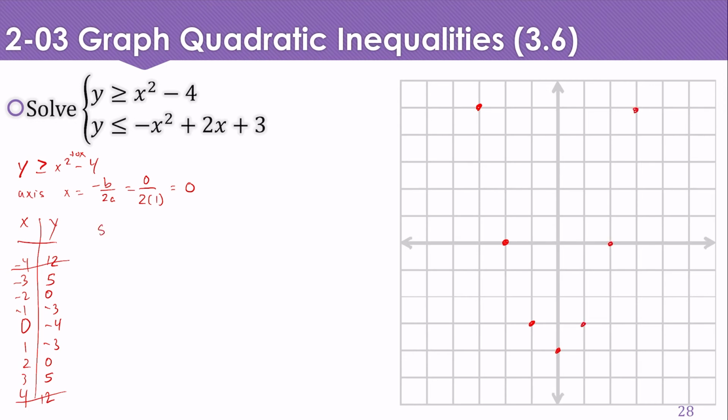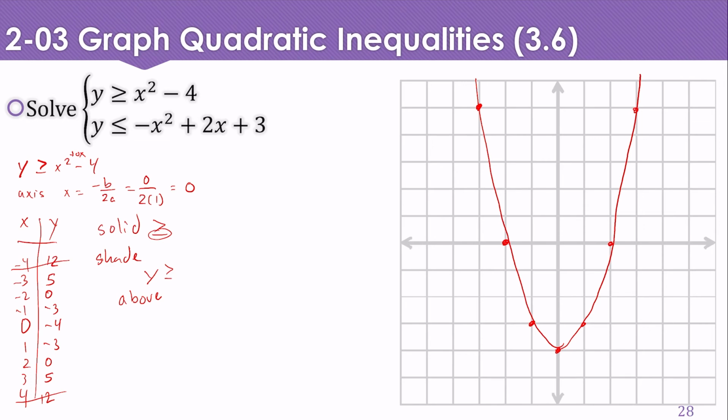And this one is solid because it has the equal part. And this is shade. Let's see, it's y is greater than or equal to, so that means above.